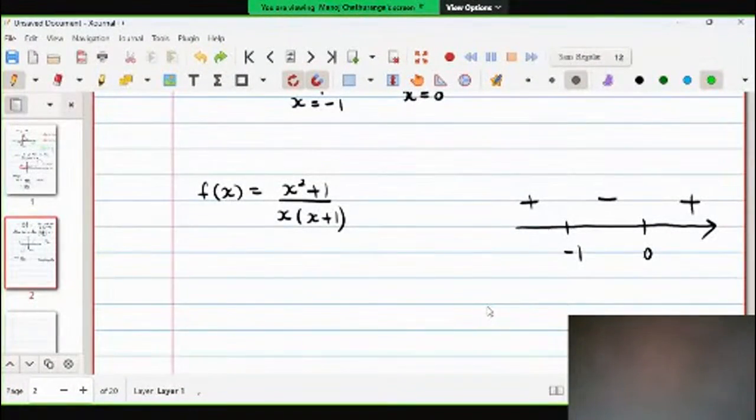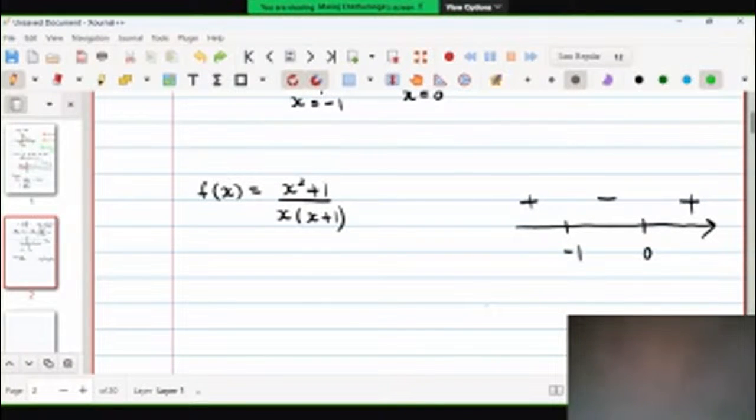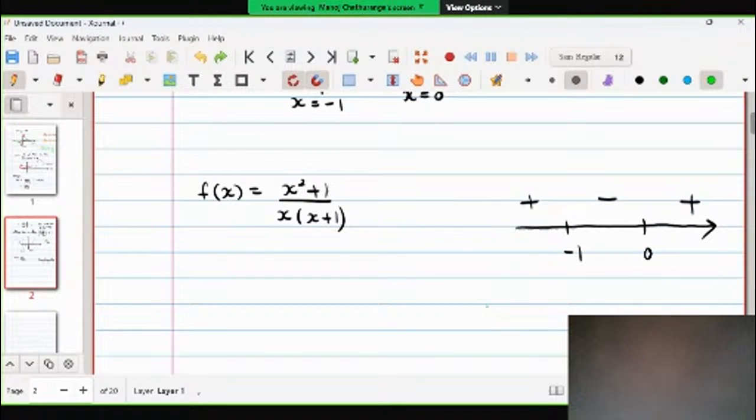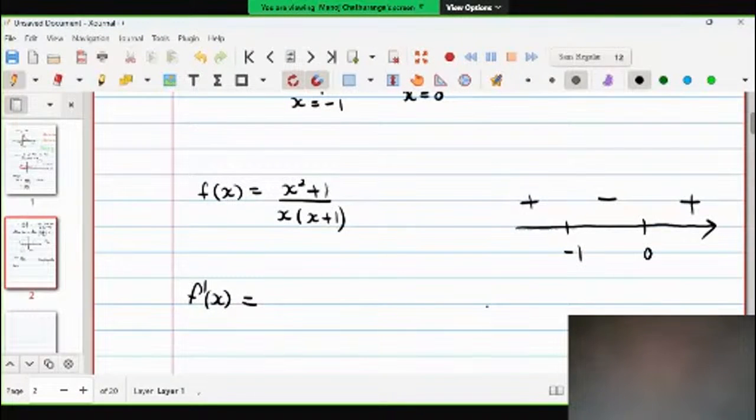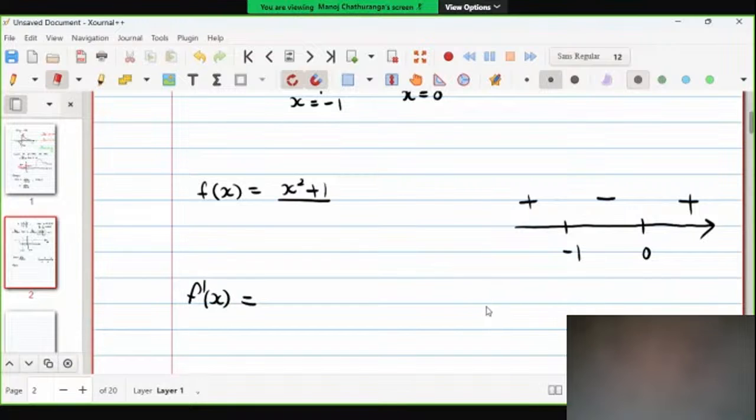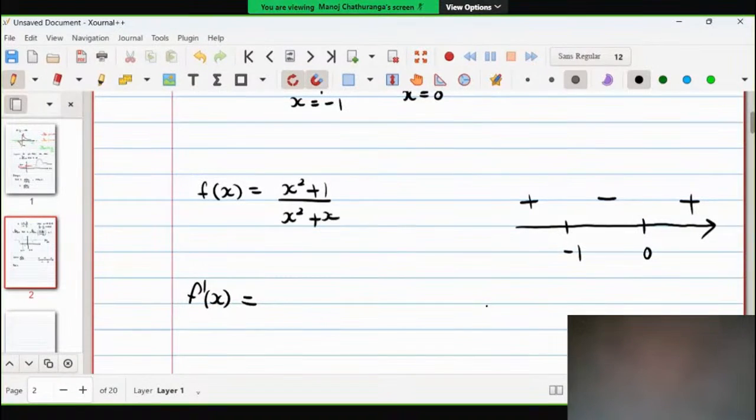If you want now, you can use derivatives to see the exact behavior of the function. You can compute the derivative of this function using the quotient rule. Maybe I'll write it as x squared plus x.